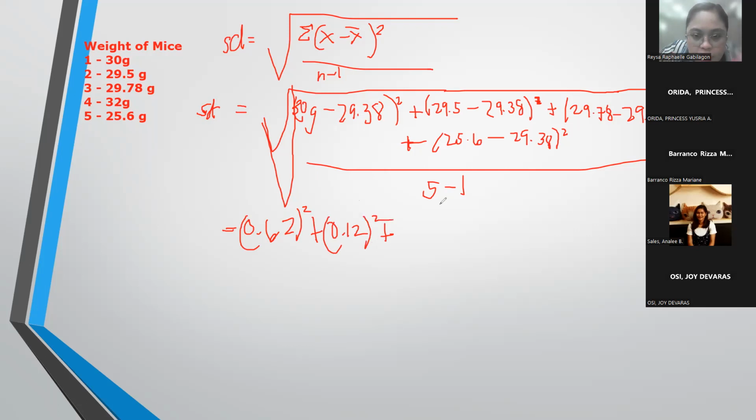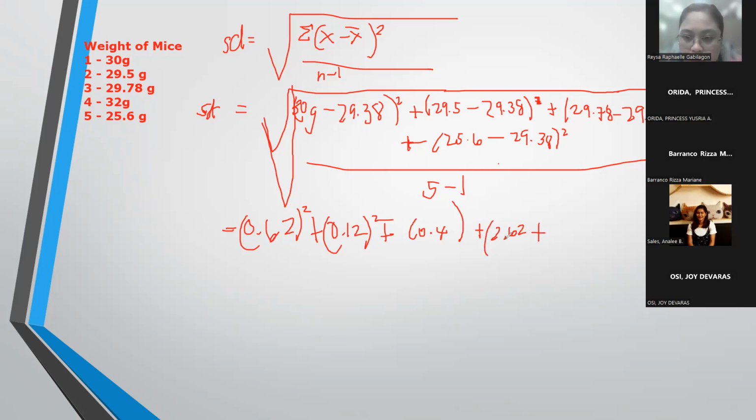This is just subtraction. 29.78 minus 29.38 is 0.4, plus 32 minus 29.38 is 2.62.